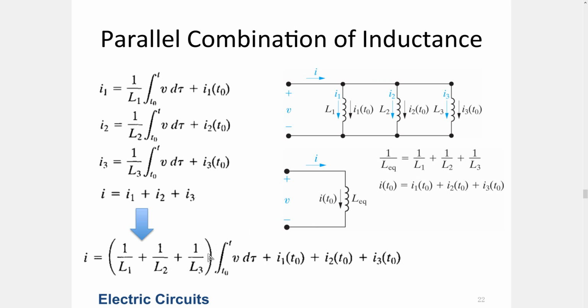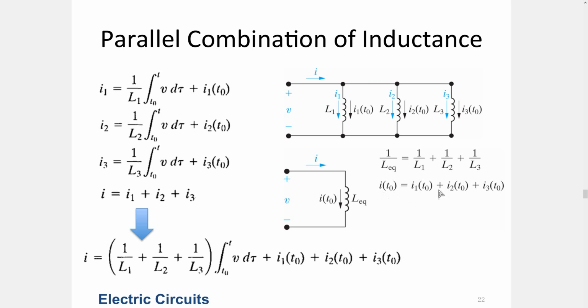From here we can establish equivalence, and we can see that 1 over L equivalent would be equal to 1 over L1 plus 1 over L2 plus 1 over L3. In addition, the initial condition for that equivalent inductance, I(t0), should be equal to I1(t0) plus I2(t0) plus I3(t0).